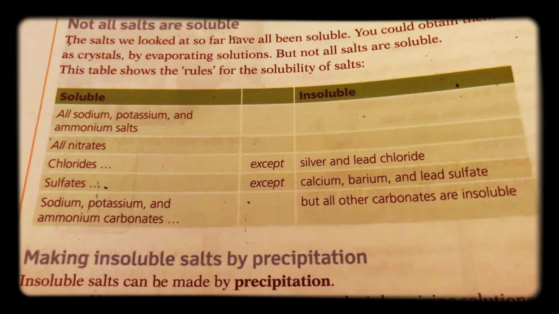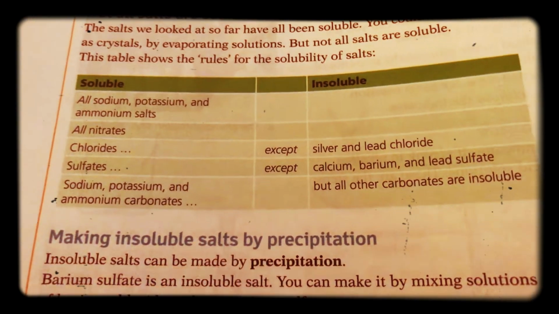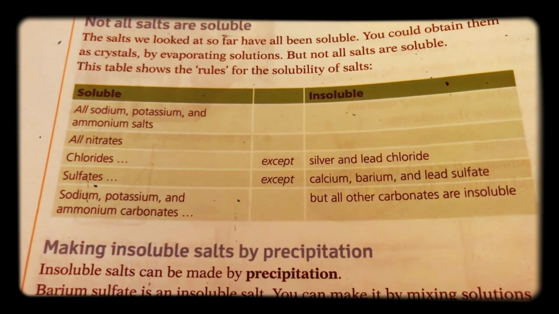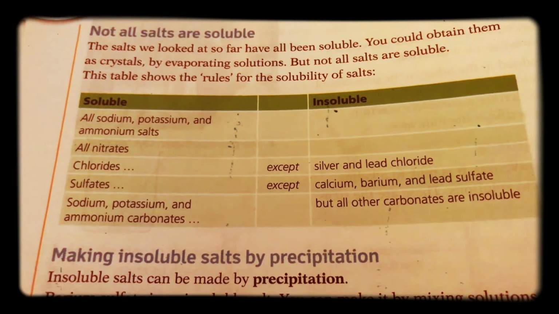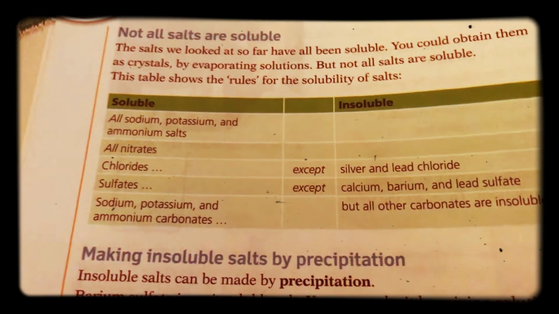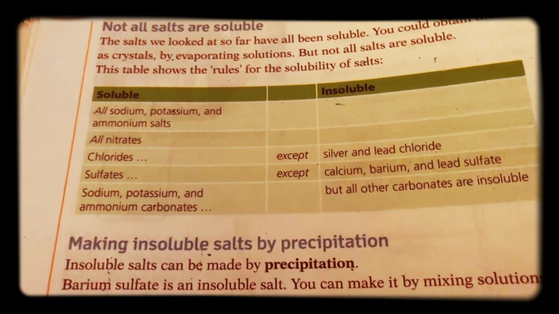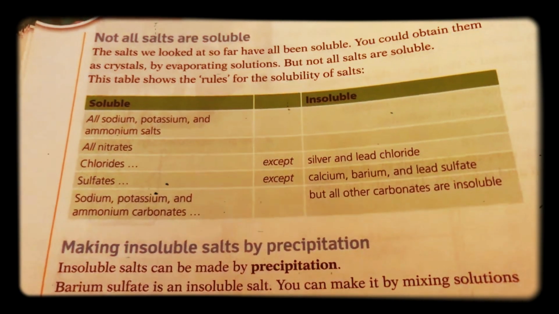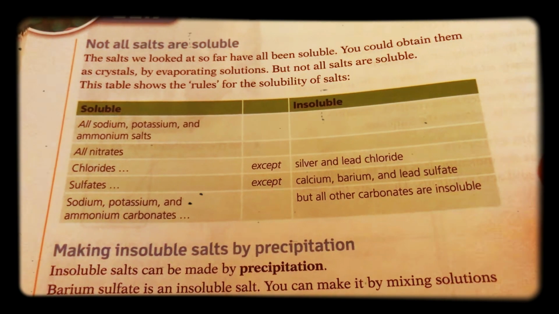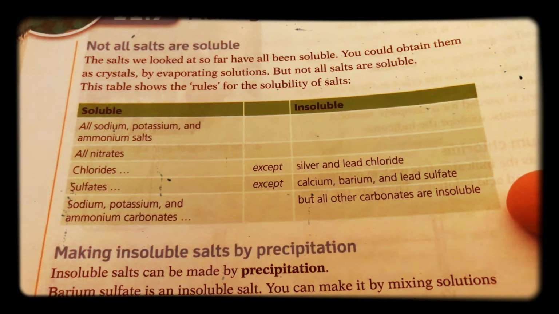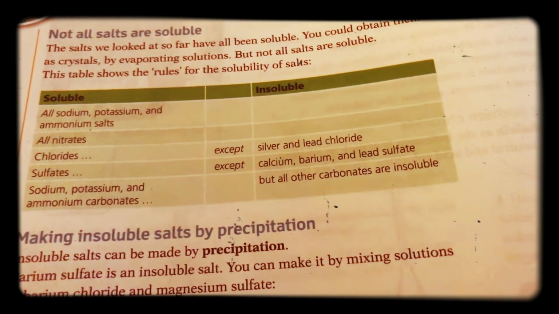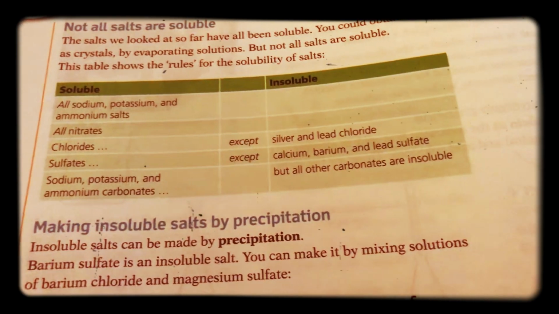And apart from sodium, potassium and ammonium, all other carbonates are insoluble. Now this is a topic that's in supplementary, because as a chemist we need to be able to recall the solubility of these particular salts as well. So I'm going to be testing you on that in the quiz.